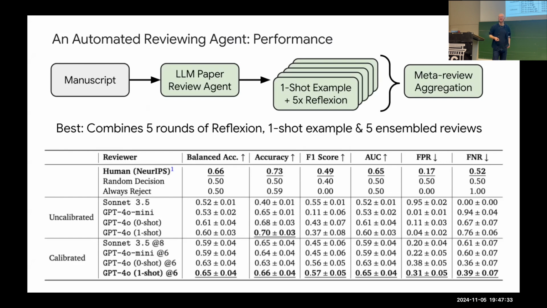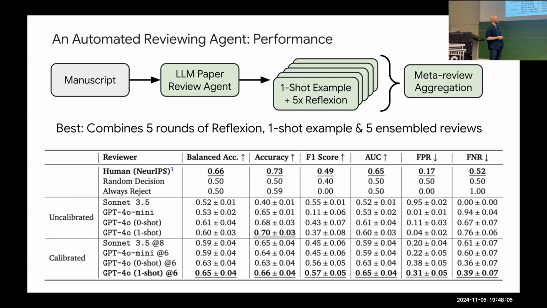These data points were taken from the NeurIPS double review experiments, where they showed the same paper to 2 sets of reviewers and looked at how well they were aligned in their decision. And you can see that in terms of balanced accuracy, our agent that does the reviewing performs very close to or on par with the humans, right? The human gets 66%, while the agent gets 65 plus some confidence interval.